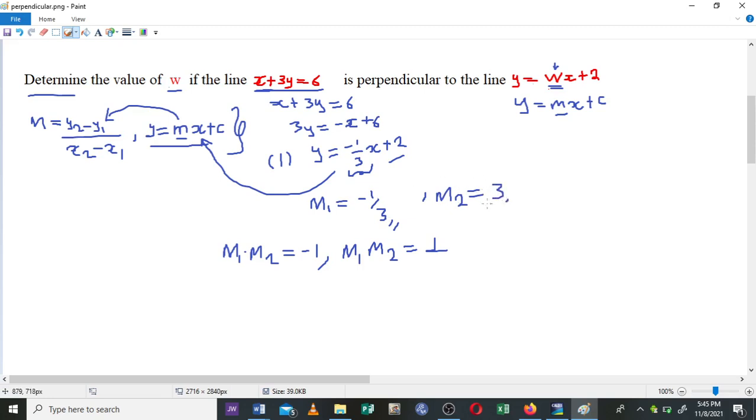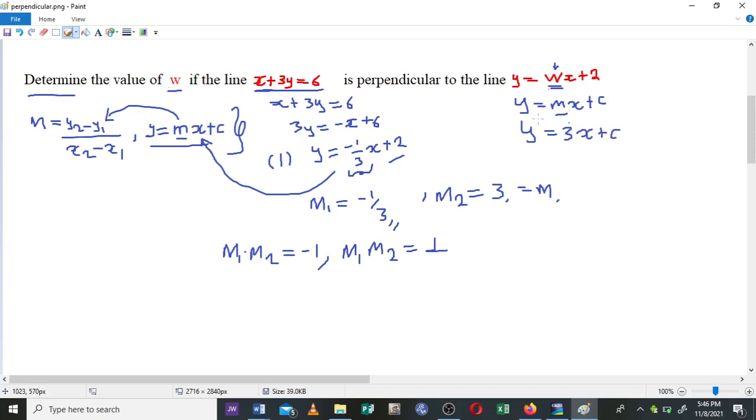That means 3 is equal to m. So we have to substitute now, and this will be y = 3x plus c.